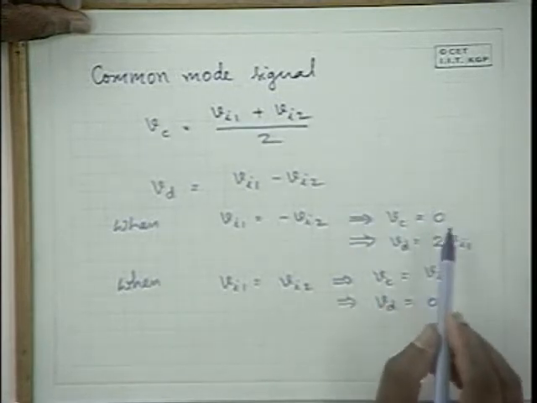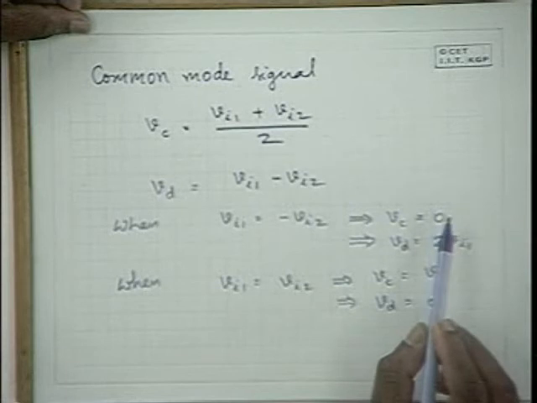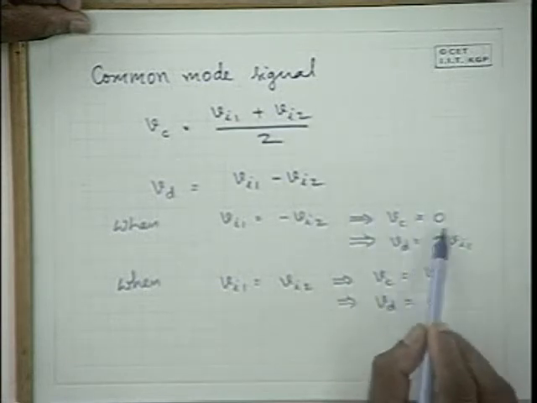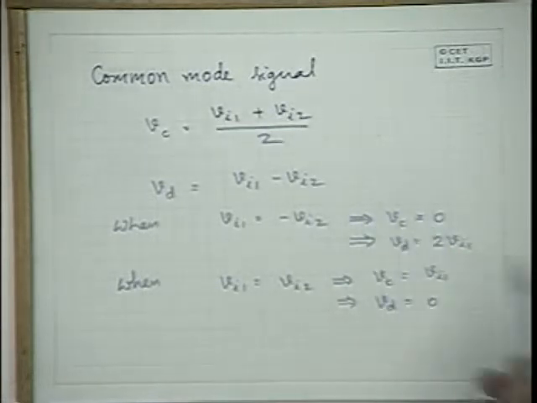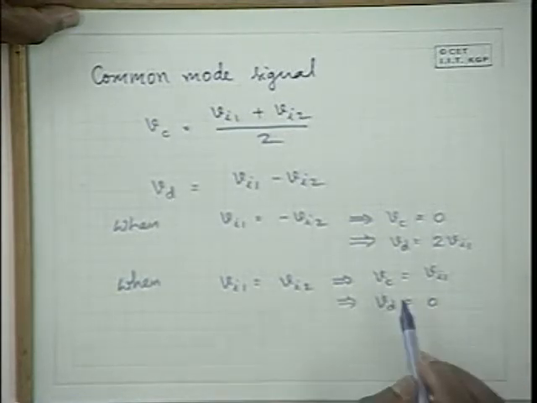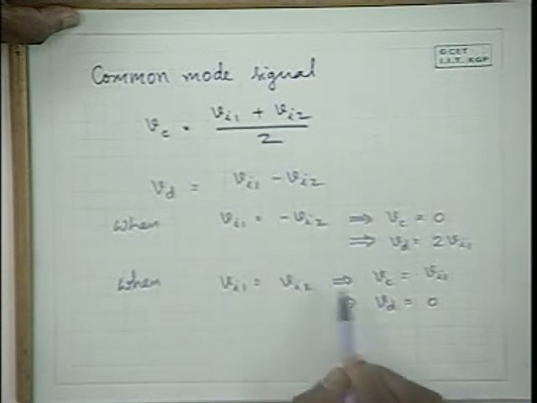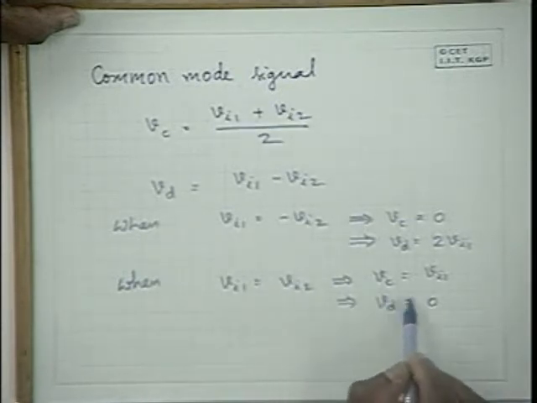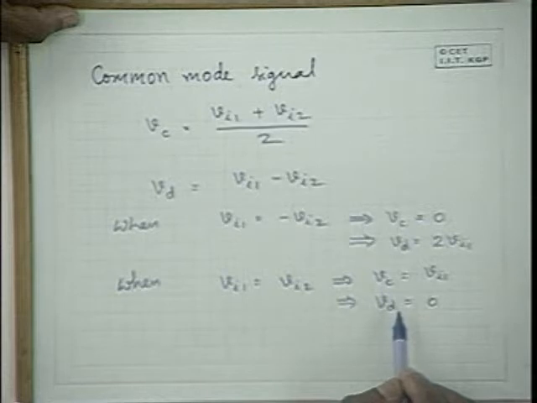Therefore, even if the common mode gain is not 0, since the common mode signal is 0, there is no common mode output. Whereas in this particular case, when Vi1 is equal to Vi2, the differential signal itself is 0.